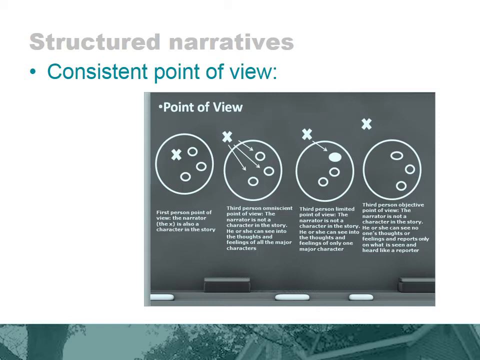Third person omniscient, there's some kind of godlike narrator out there that sees into everybody's thoughts and feelings. Third person limited, they're still a little godlike, but they only have access to one person's thoughts or feelings. And third person objective, the narrator is basically like a fly on the wall. They can just see and hear what's going on, but they don't know what anybody's feeling or thinking. So most stories will stick to one of those.